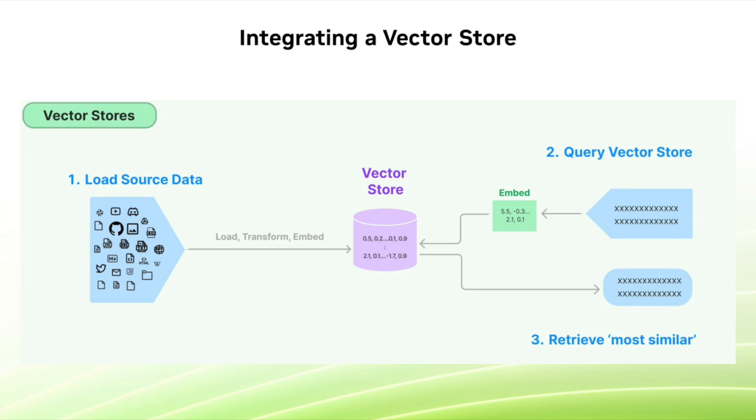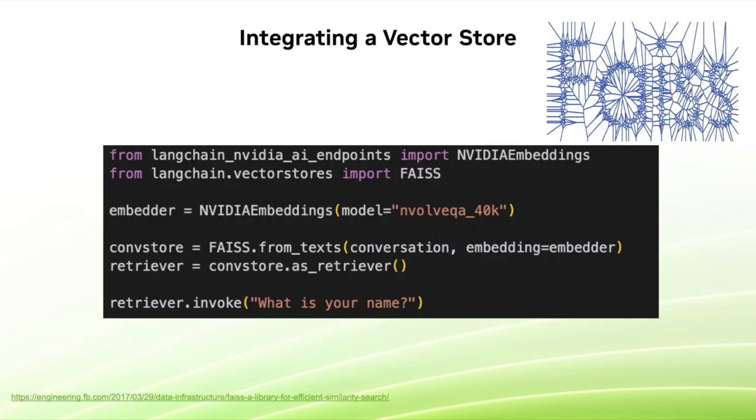Simply put, you can now pass in a string of your choice and receive a set of documents ranked by semantic similarity. For most of this course, we will be using the Facebook AI Similarity Search Library, or at least its integration with LangChain, to manage our Vectorstore embedding and similarity search strategies.